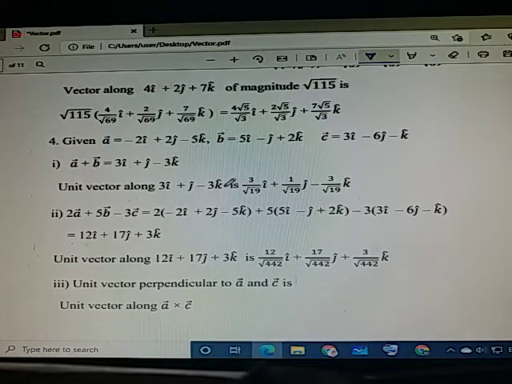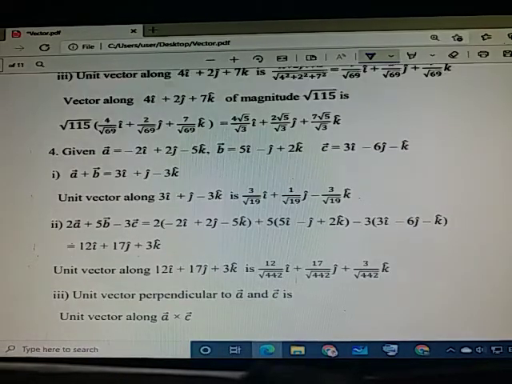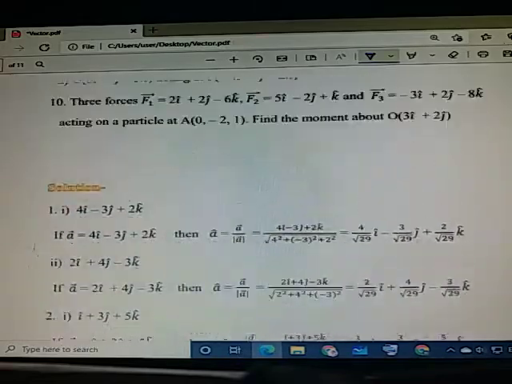First, for a plus b, you have to find the unit vector along a plus b. a, b, c are given. You have to find the unit vector along a plus b. So you see the question, number 4.